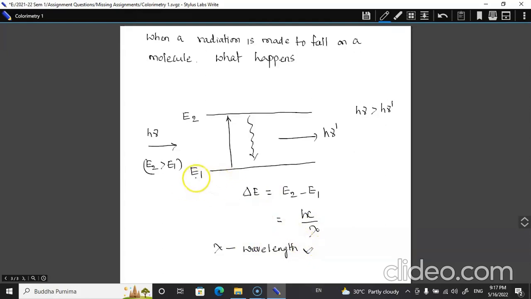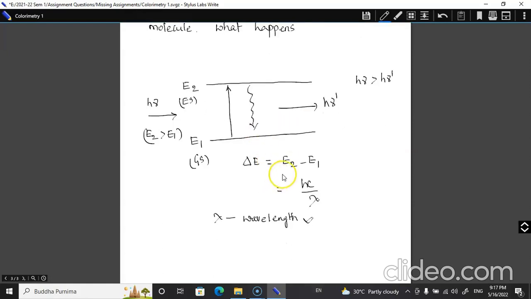Here E1 is the ground state and E2 is the excited state. The energy is absorbed, and the molecule will not stay in the excited state; it comes down to the ground state and emits the energy h nu prime. The incident energy will always be more than the emitted energy.